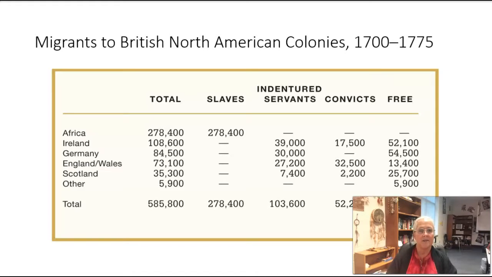Some coming as slaves, some as indentured servants, some even as convicts. I'll talk more about that when we get later on into the establishment of Georgia, and then how many came over as free. So with this great migration and the 70,000 immigrants that are coming over during this time, by the time we get into the 1700s, North America is quite a diverse society.